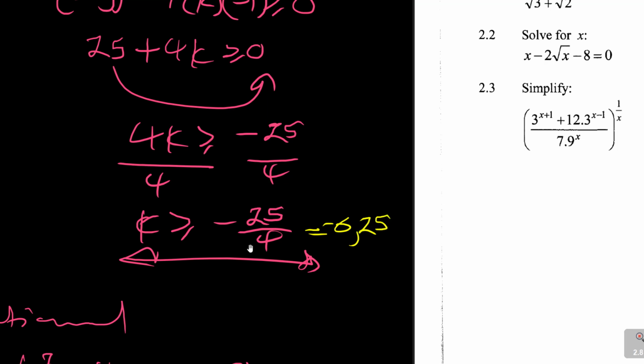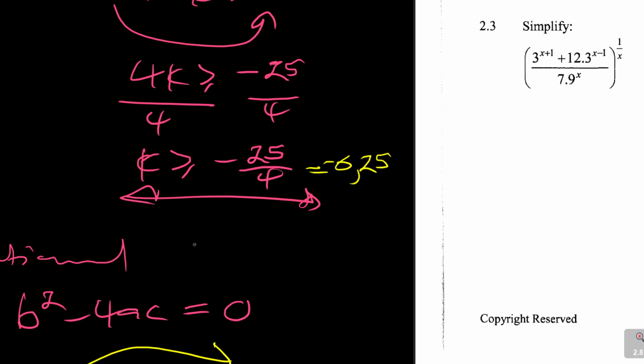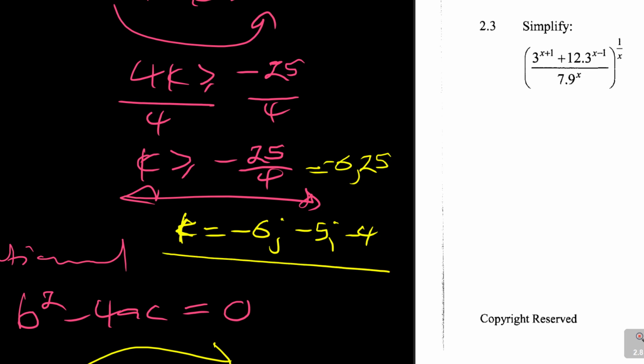Now to get rational, k can be whole numbers like minus 6, remember it's greater than. It can be numbers that are greater than that, minus 5, minus 4, as long as it is a perfect square. That is what they wanted there.